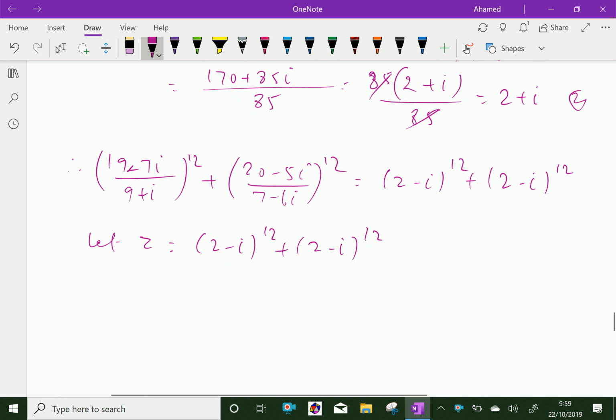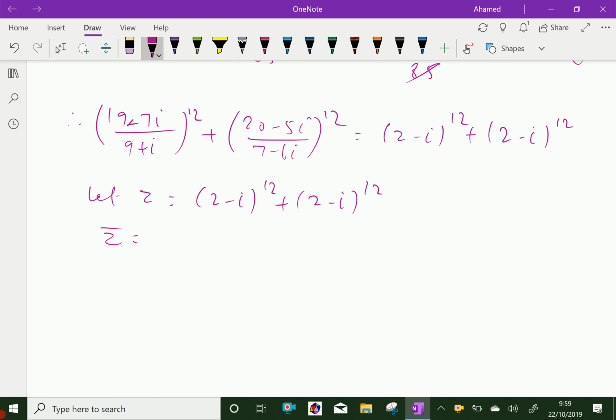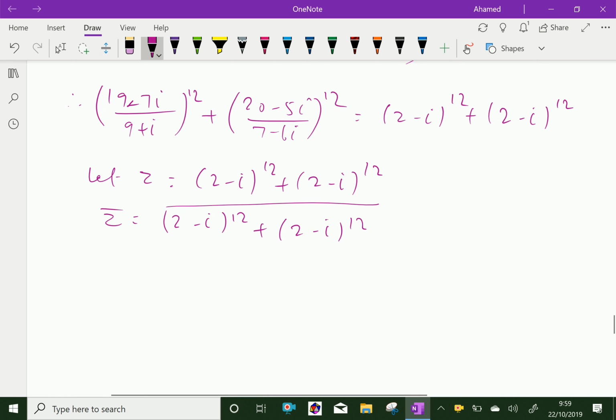Now from that we can say z bar, that is the conjugate, which means the conjugate of (2 − i)^12 + (2 + i)^12, which is further equal to the conjugate of (2 − i)^12 plus the conjugate of (2 + i)^12, because the rule is the conjugate of z1 + z2 is z1 bar + z2 bar.